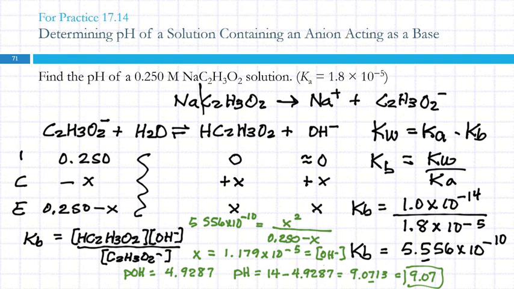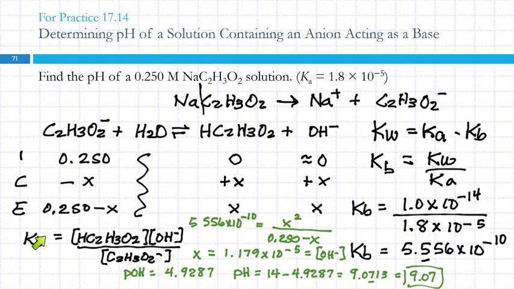So this is the same idea as the weak acids, but it has a couple of complications in it, right? So you've got this guy, and so you're going to write out this equation. You make the ICE table. That's all good.